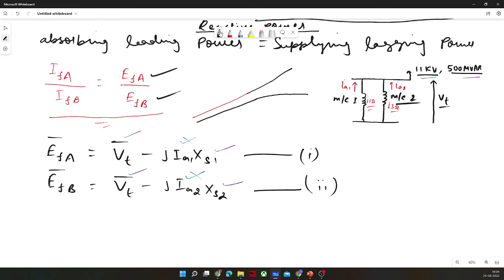Any power, apparent power, real power, reactive power is given. Our first attempt should be the calculation of armature current. So I will calculate IA, that would be Q divided by root 3 VL IL sin phi. Sorry, sine phi.